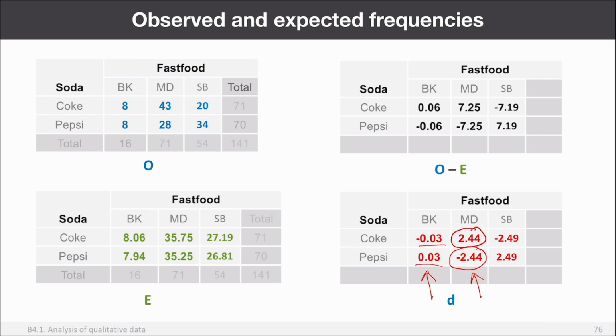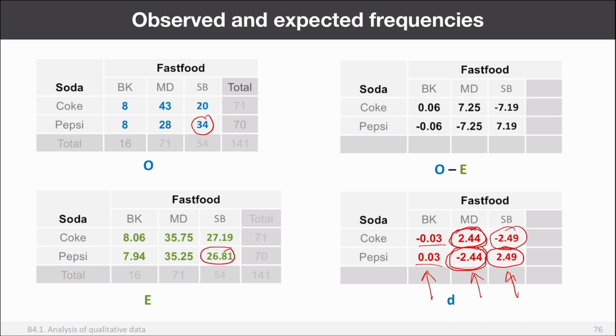So it means that here we have more than we expect and here we have less than we expect, meaning people who go to McDonald's or who prefer McDonald's tend to drink more Coke than Pepsi. And then in this situation, we have the other way around, right? So here we have, by 2.49 standard errors, larger than expected. So the observed frequency, this one, is by 2.49 standard errors larger than this one.